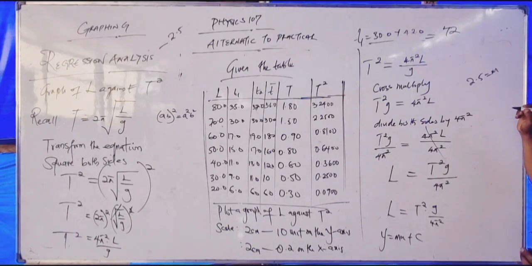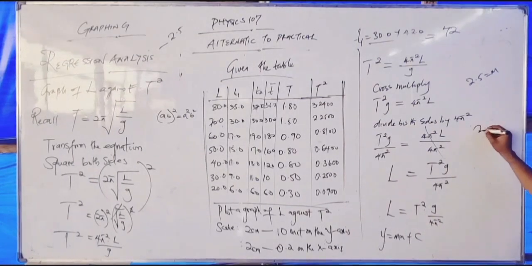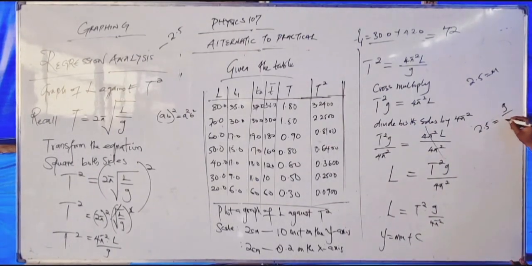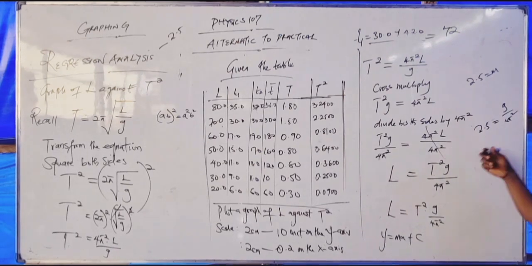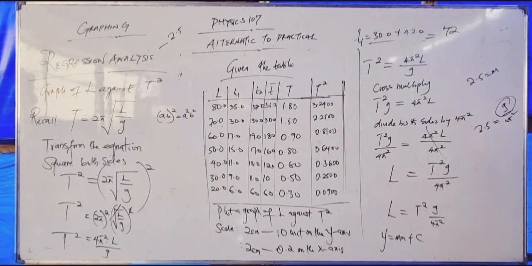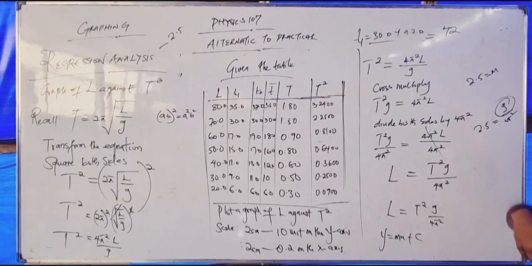Then I will say 2.5 is equal to g over 4 pi squared, where pi is 22 over 7. I can multiply and find g. You now see your g can be around 9.8 meters per second squared, or sometimes 10. If you have 10.0, it's still 10. Even if you have 10.4, it's 10. But I will solve this in case it comes out in your next part.